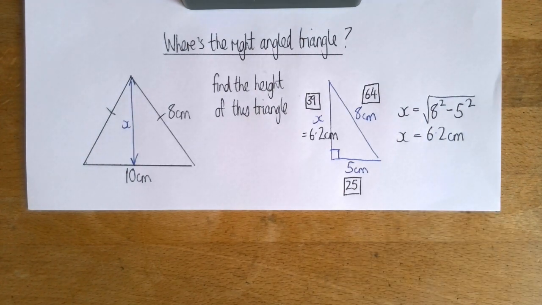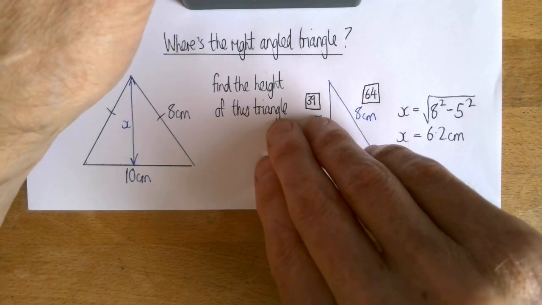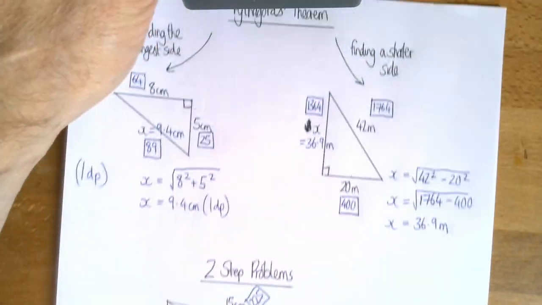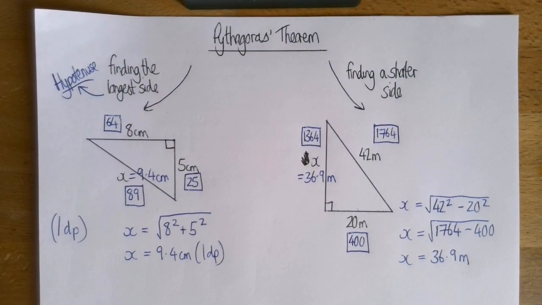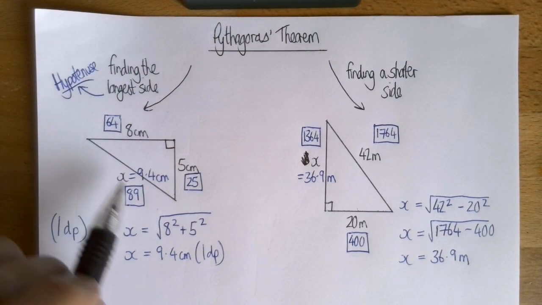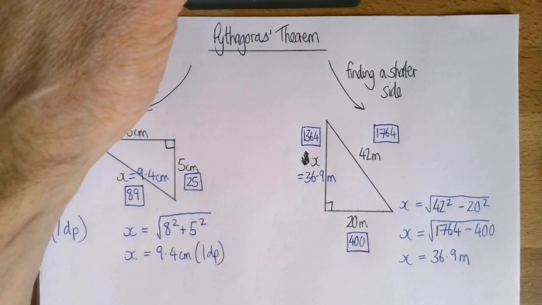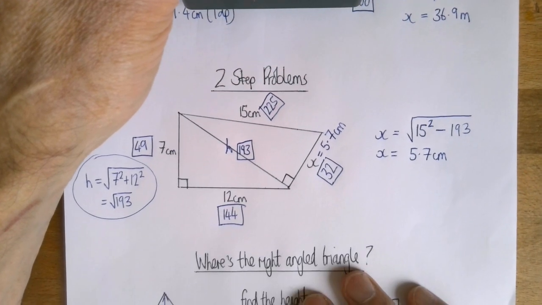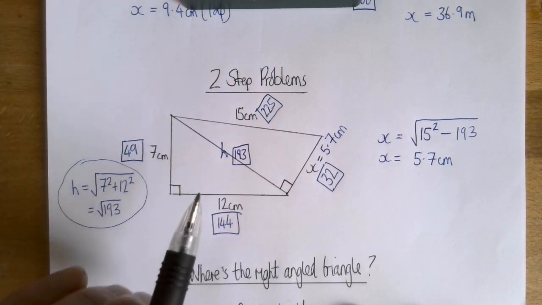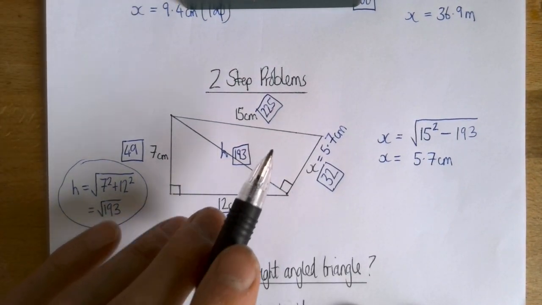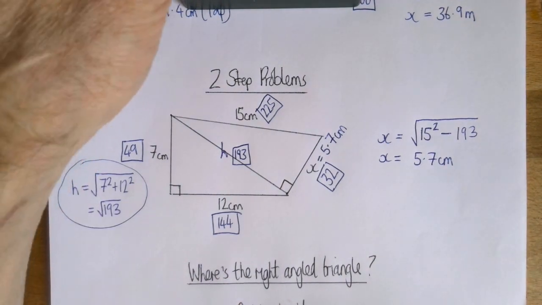So we've got basic problems where we are given a right angled triangle, and asked to either find the longest side or one of the shorter sides. You get two-step problems where you work out a missing length in one triangle and then you use that in a second triangle.